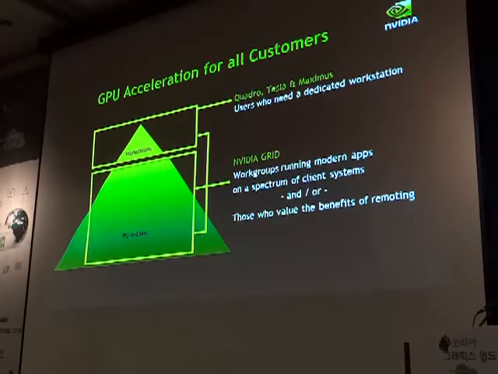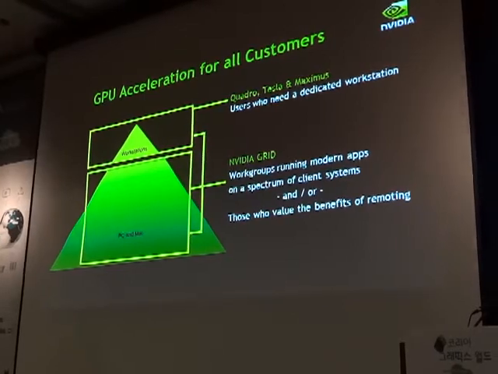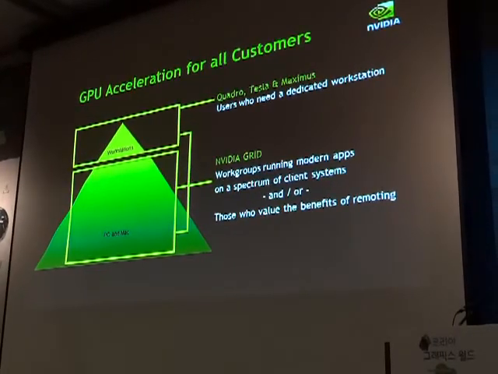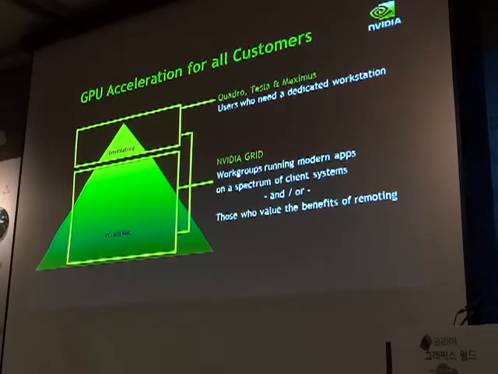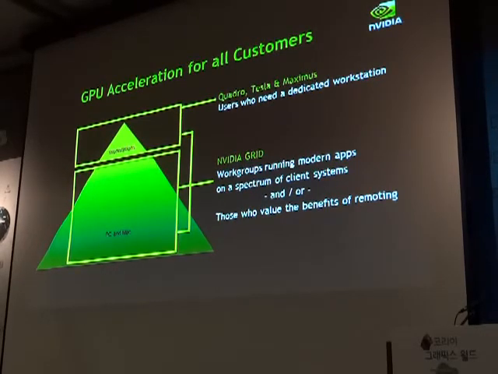Before I go into more details, I would like to take a look at who actually benefits from NVIDIA Grid. In principle, there are three main user types. Designers who create very rich visual applications for the models, and power users who actually consume these.